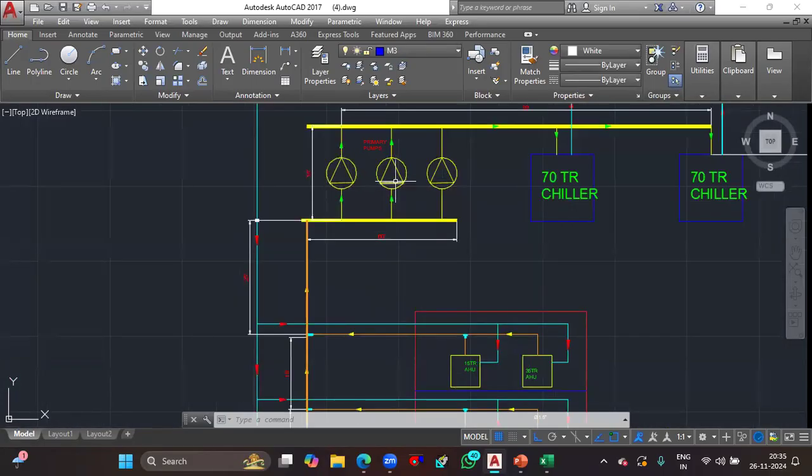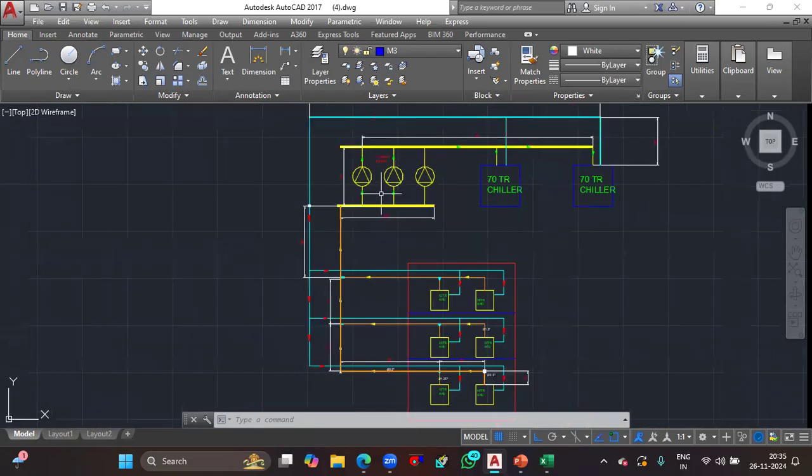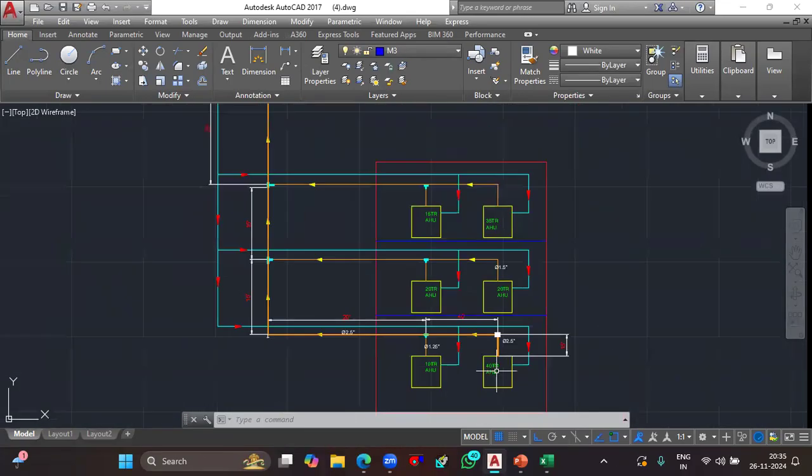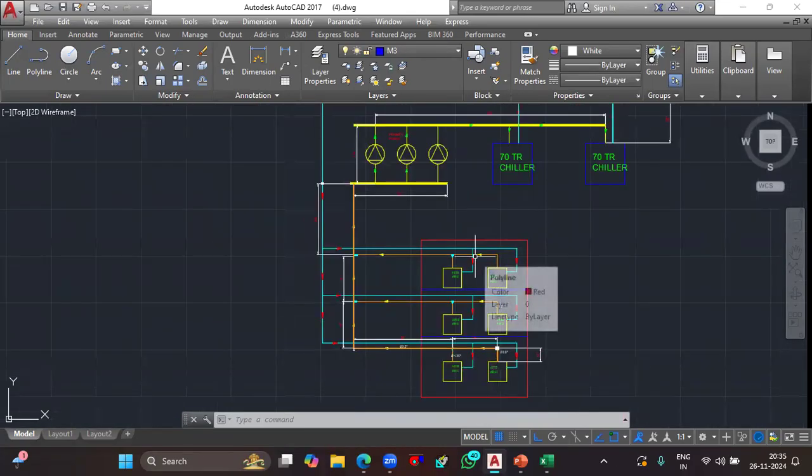In order to know the HP of this primary pump, I need to find out the head value. That means the maximum distance of the piping. So probably it should be from the farthest chiller to the farthest air handling unit. And we considered our flow path according to these constraints.